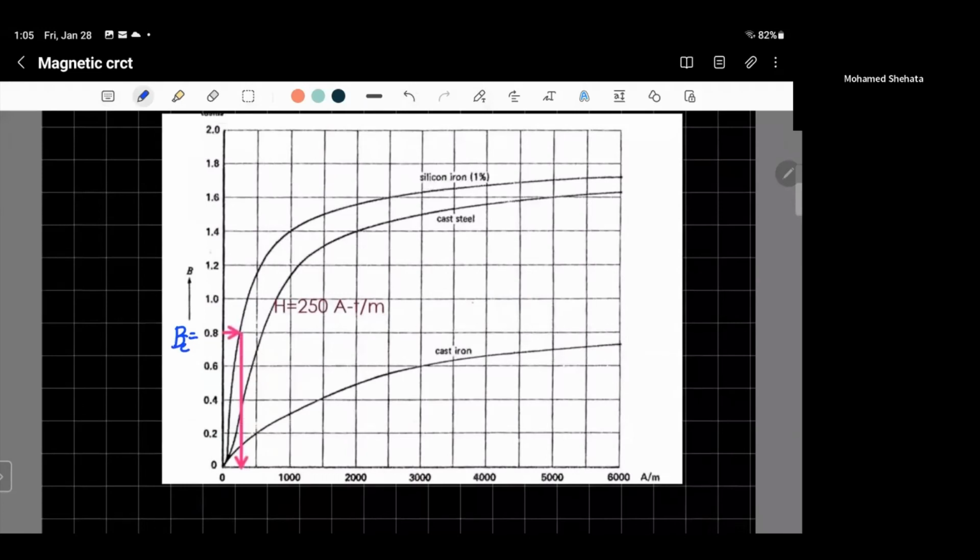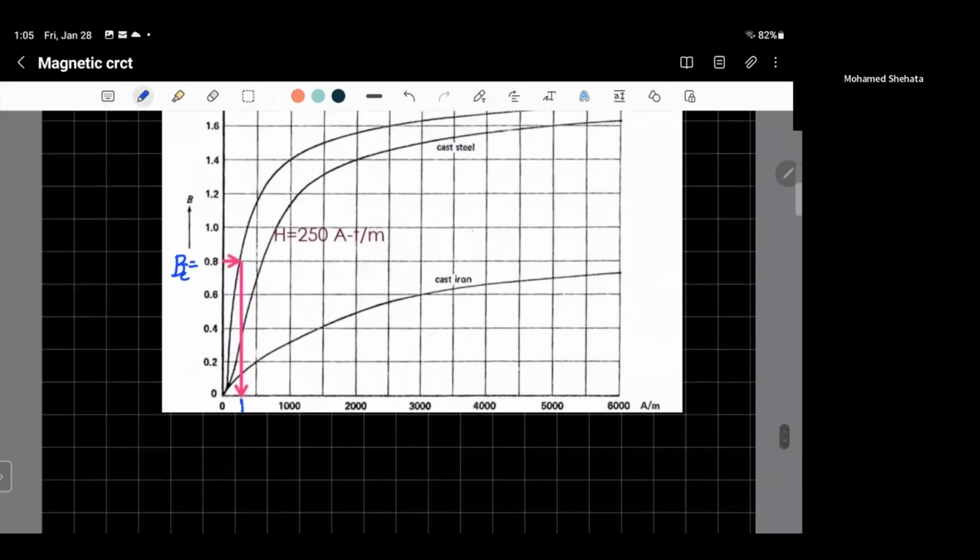So I go down to look for the value of H, and that will give me the value of H. In the paper here, H is equal to 250, I wrote here, 250 ampere turn per meter.